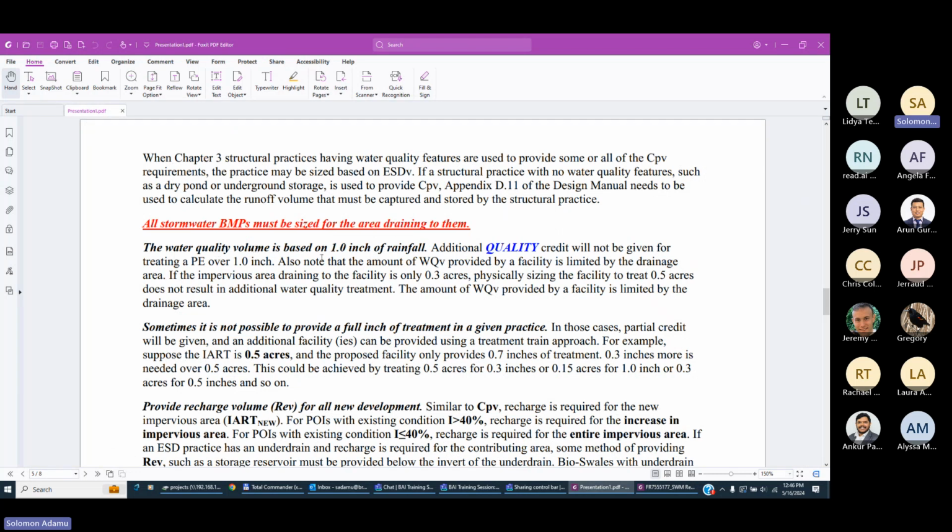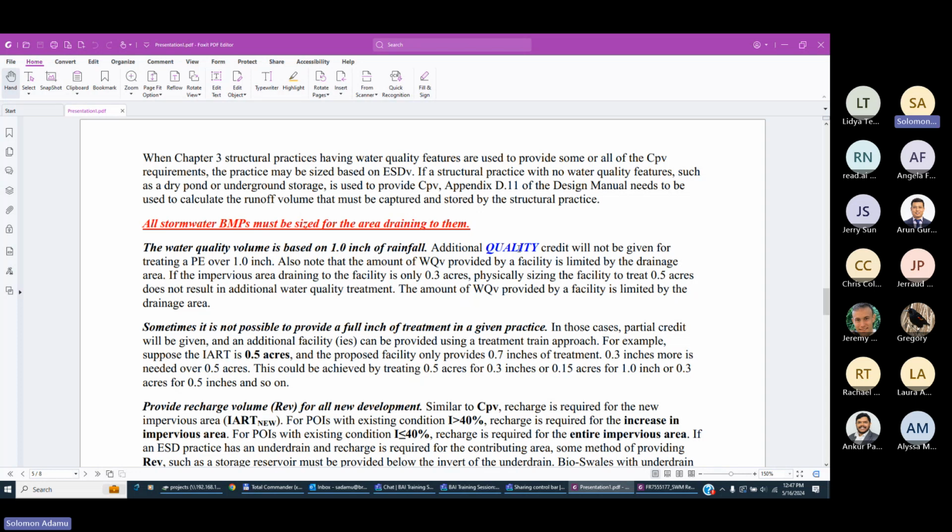So the water quality volume is based on 1 inch. Arun already said that. Additional quality credit will not be given for treating PE over 1 inch. So if we are treating 2 inches, it doesn't mean that we are going to get more credit. It has to be the IART, the impervious area requirement, which is going to give us a water quality credit.